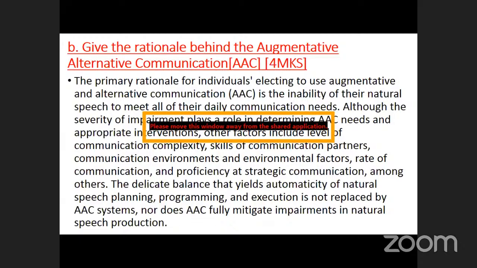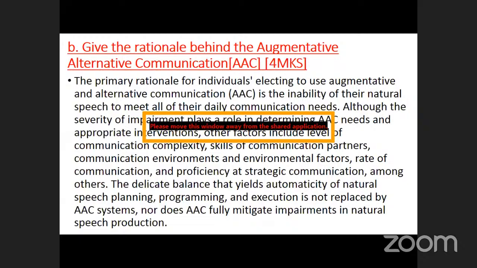So when we talk about the word articulation, remember, we are not going to replace the natural speech. We are not going to use it to fill the gap of the communication, but it is only there to mitigate, to remove, or to assist in removing the impairment that is attached to speech in an individual.